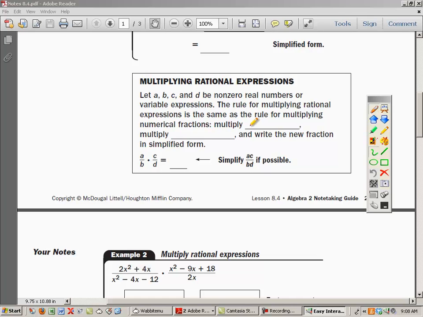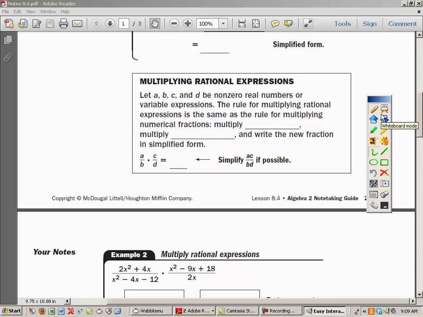Multiply first the numerators and multiply the denominators, and then write your new fraction, and here's the key, in simplified form. This would be simply A times C over B times D, and if that has any common factors, we would go ahead and simplify.